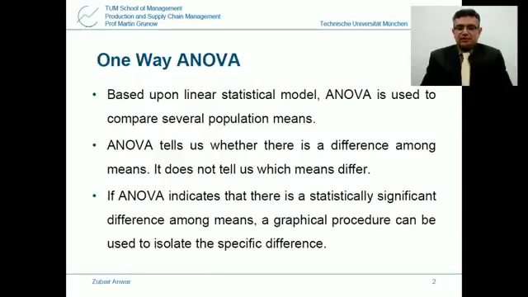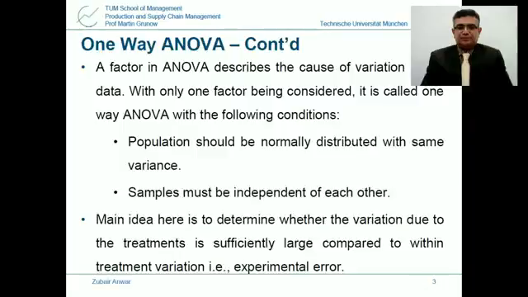ANOVA tells us whether there is a difference among means, although it doesn't tell us which means differ. If ANOVA indicates a statistically significant difference among means, a graphical procedure can be used to isolate the specific difference. Now I'll talk about one-way ANOVA.